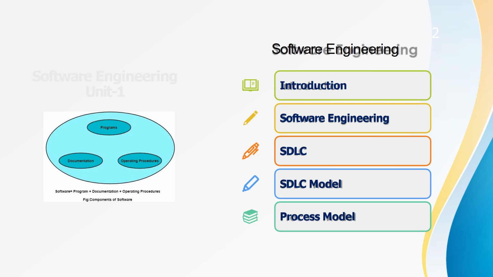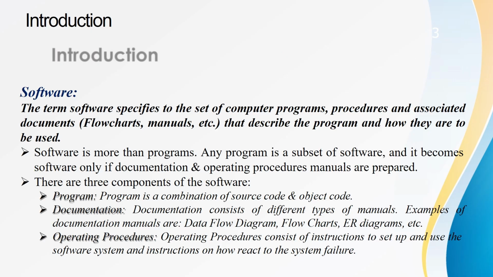The term software means a set of programs to provide a desired functionality. It specifies a set of computer programs and procedures associated with various documents like flowcharts, data flow diagrams, and manuals that describe the program and how it is going to be used.